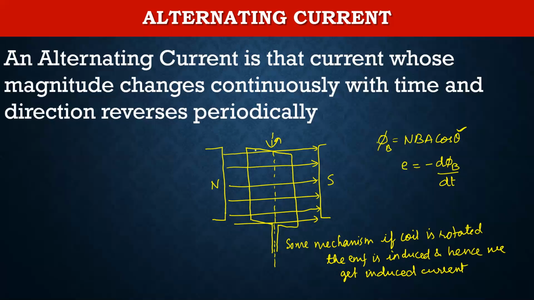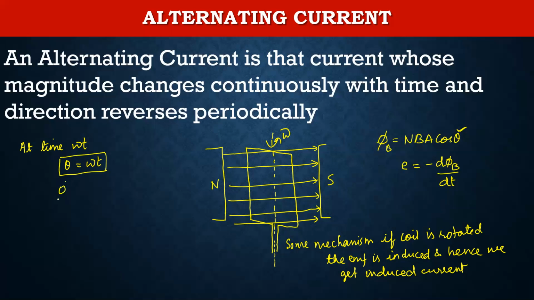Suppose this loop is rotated by angular frequency omega. Then at time t, what will be our theta? Theta will be equal to omega t.